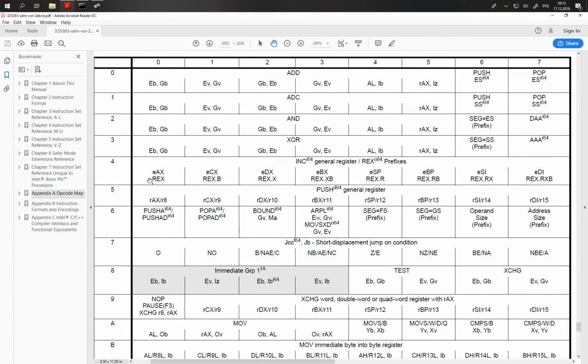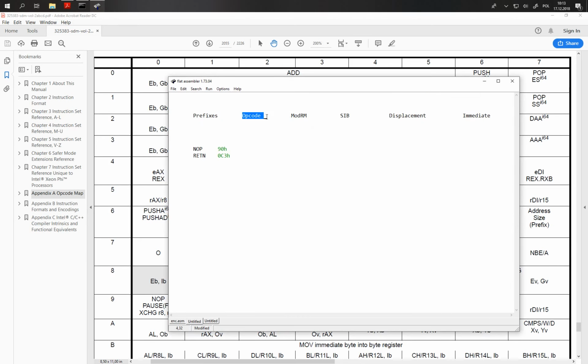Therefore, even when we get rid of this row of encodings, it is still possible to encode the same increment instruction, but with 2 bytes instead of just 1, because this encoding uses just a single byte for instruction code, and the other encoding uses opcode and mod RM byte to encode a single operand.